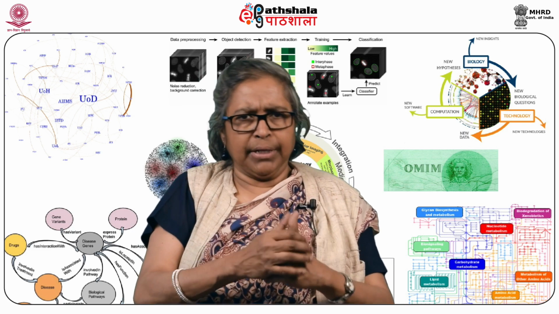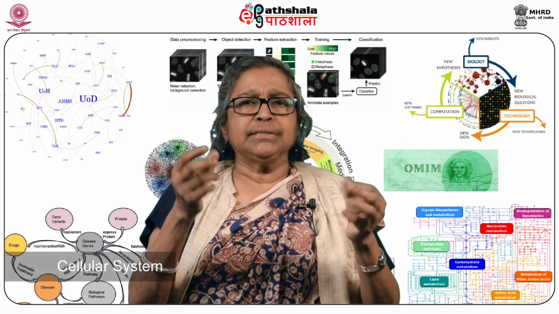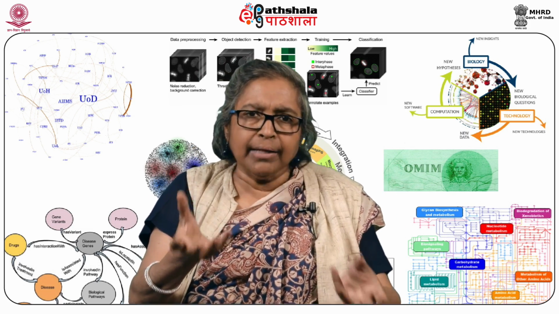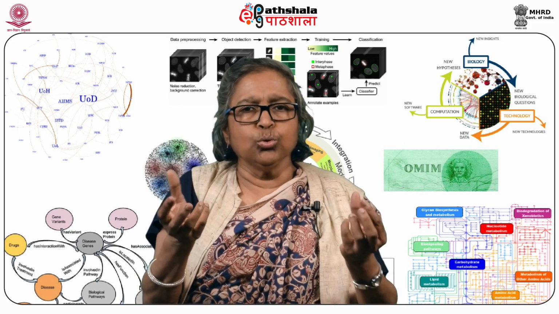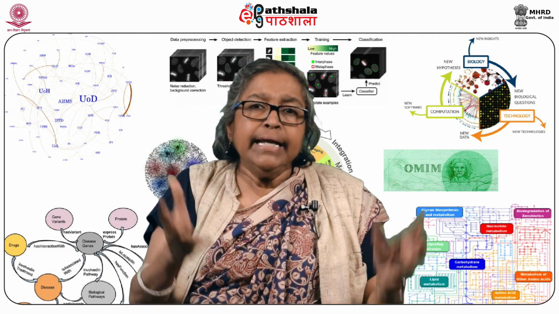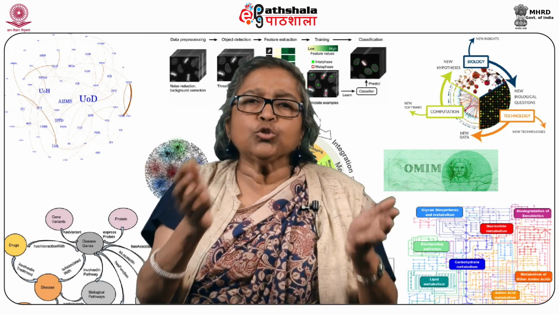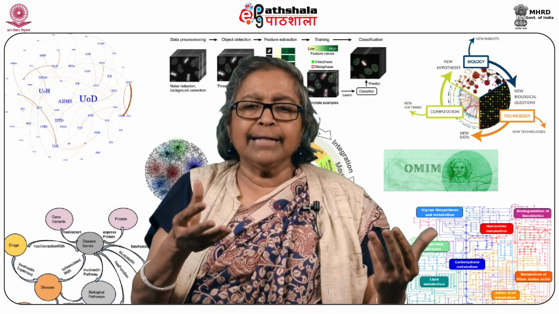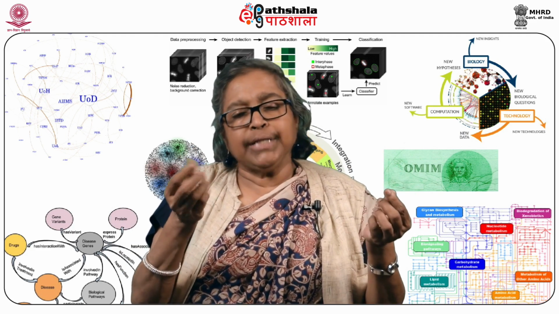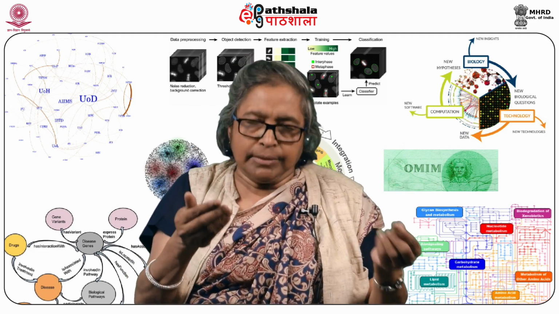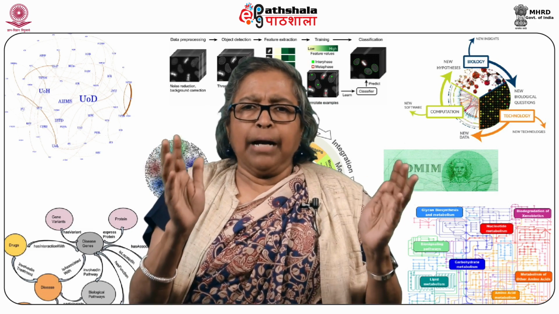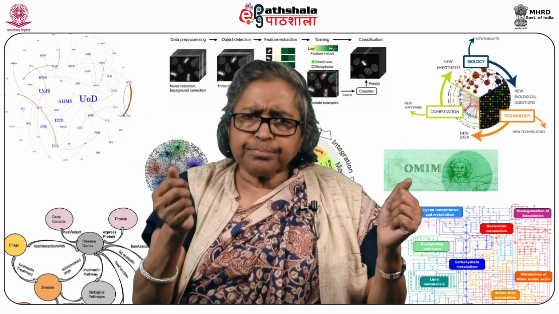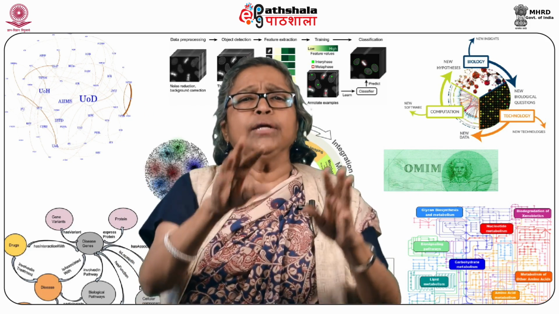Now to come to the summary: the cellular system is an integrated system, and it is a modular system. Hence, it should be possible to connect this omics data, integrate it, and the context should be functional relevance. If we look into that and apply it to understanding disease, then it becomes very relevant for medical purposes.